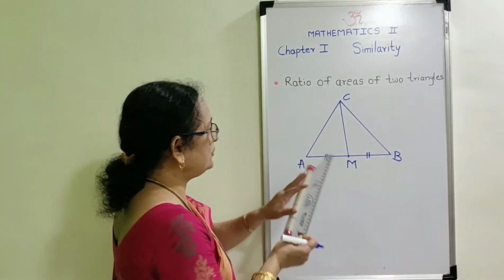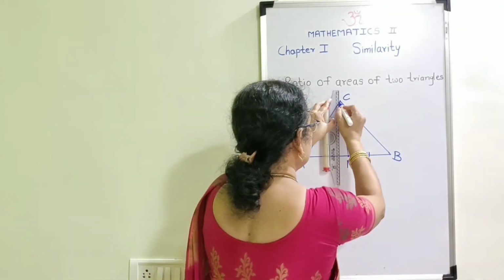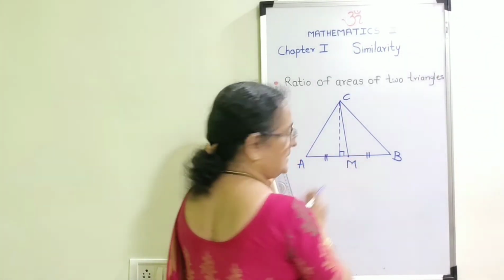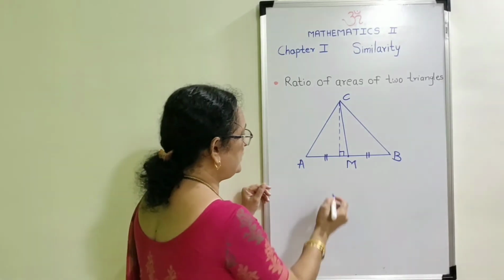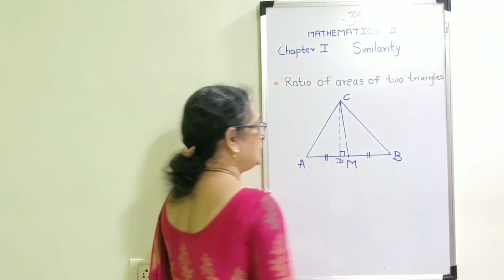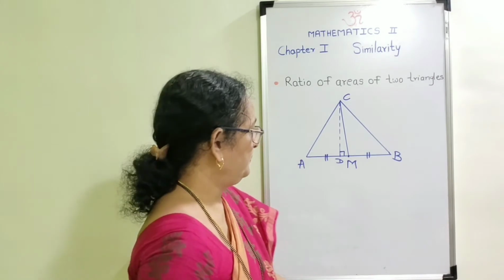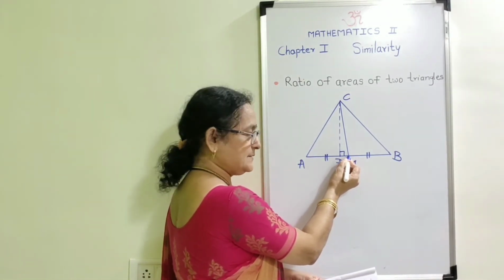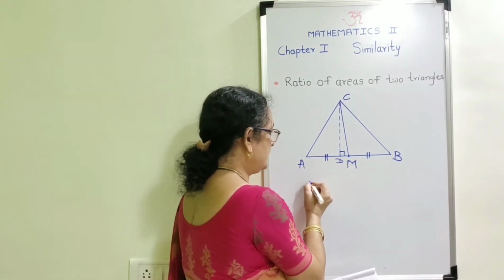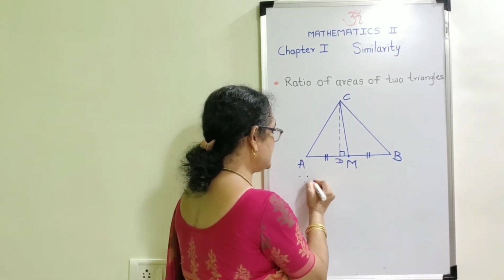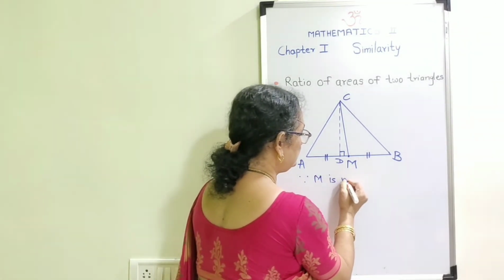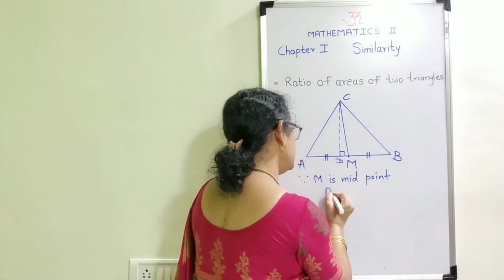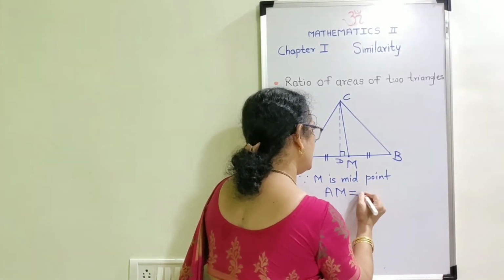Then suppose I want to determine the height of this triangle. I have to take a perpendicular on base AB. Suppose this perpendicular is CD. Now what is given in this activity? I am going to repeat it again. Here in this triangle, M is given as the midpoint, and therefore my first conclusion is AM is equal to BM.